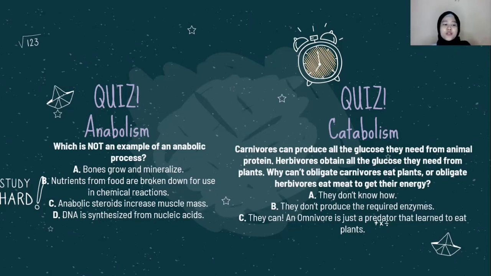Why? Because an anabolic process involves making large molecules from smaller ones. Choices A, C, and D are all anabolic processes. Choice B is a catabolic process. It describes large molecules being broken down into smaller ones.